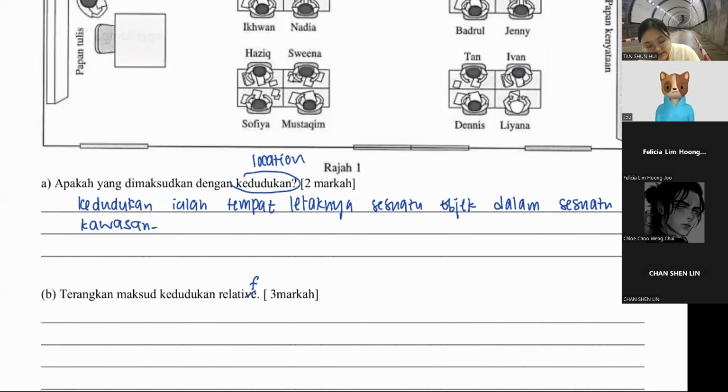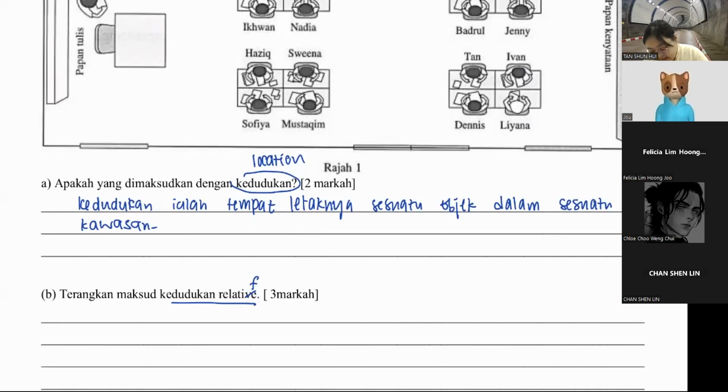Okay, kedudukan relatif means I'm using in front, behind, to tell you about the directions, the locations. Right, I'm telling you the location by using left, right, front, and back. But probably they don't ask you about the meaning of kedudukan relatif.